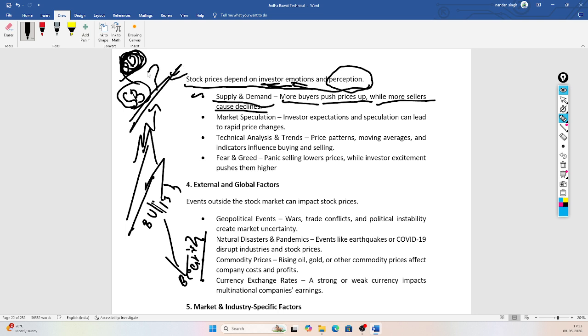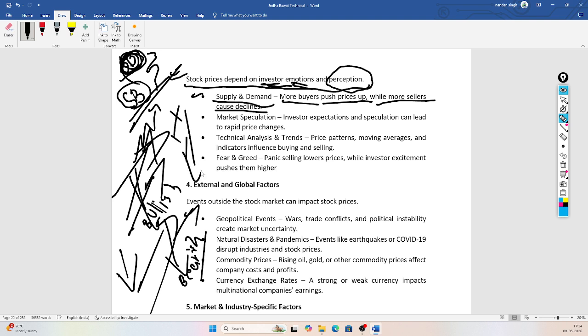Just learn this format. If there is a buyer, it will go up, not down. If there is a seller, it will always go down, not up. More buyers push prices up, while more sellers cause declines. I hope you understand this much.